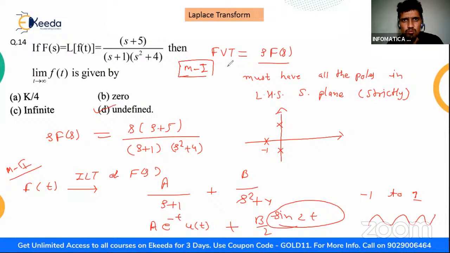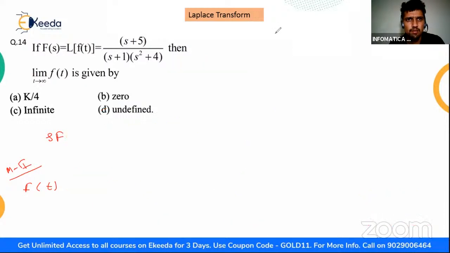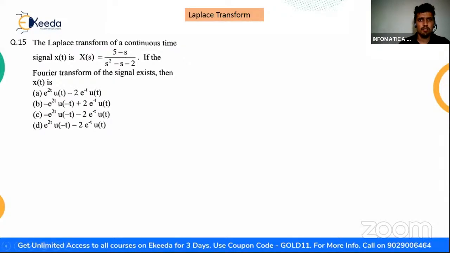Now let's move to the next. The Laplace transform of a continuous time signal x(t) is given by X(s). If the Fourier transform of the signal exists, this is the most important thing.